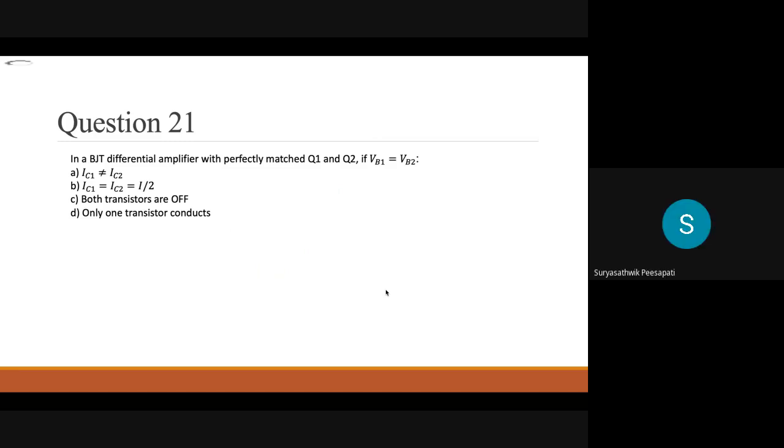Ma'am, option A, ma'am. See the conditions given here. Q1 and Q2 are perfectly matched, and also VB1 equal to VB2.